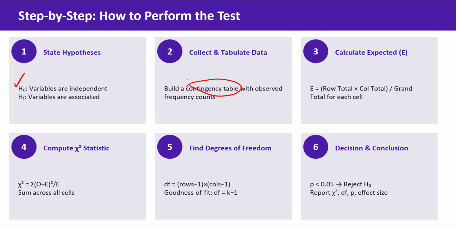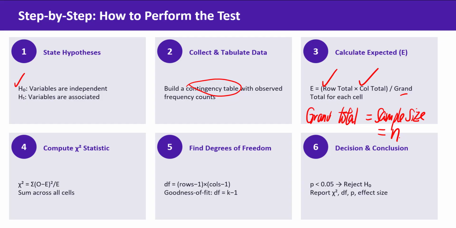So observed frequency comes from the real actual sample. And then from there, we calculate the expected frequencies using the row total times column total over grand total. Grand total, you can also call that sample size. Grand total is the sample size. You can also say N.